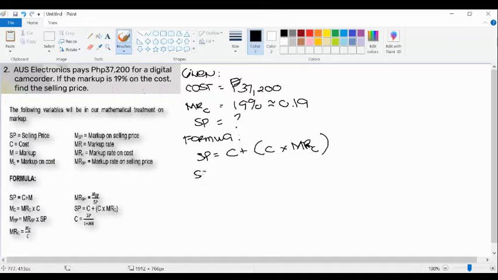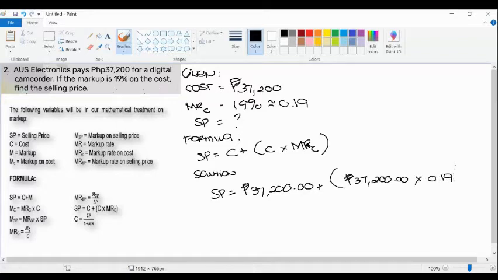Okay? So, solution, 37,200 pesos plus the product of the cost of a digital cam recorder times its markup rate on the cost, 0.19. So the answer for this is 7,068 pesos.